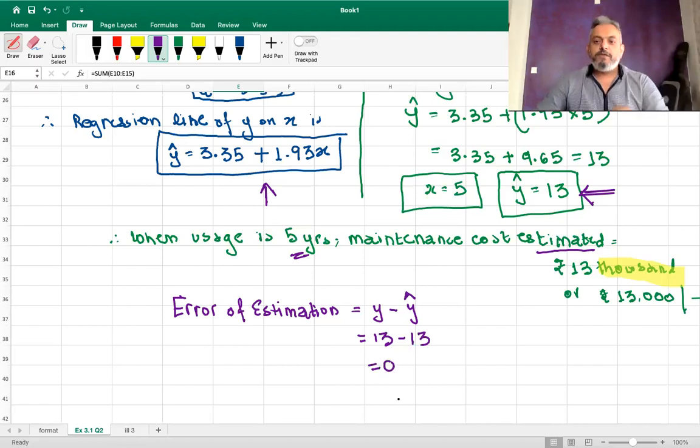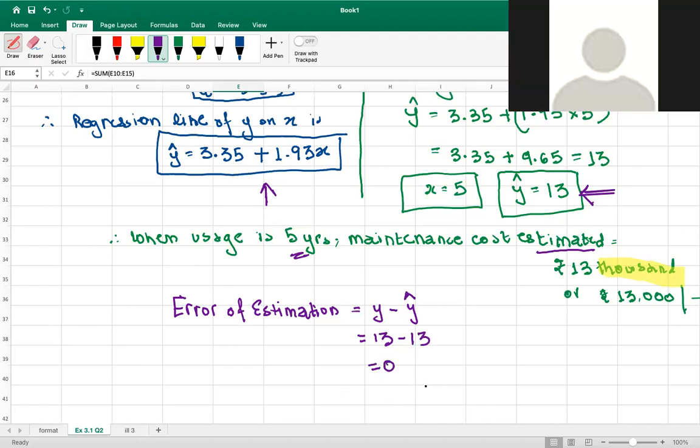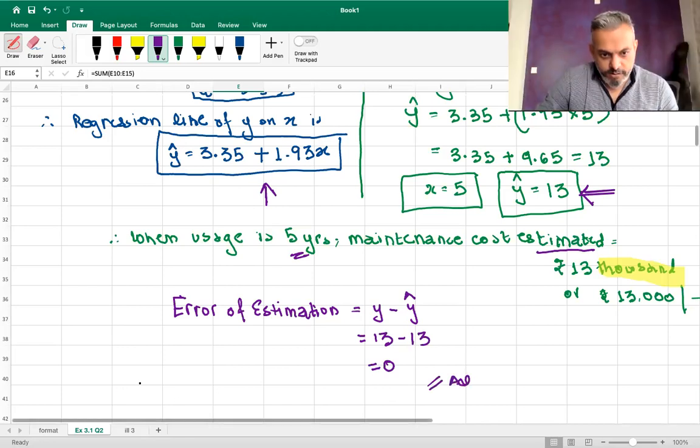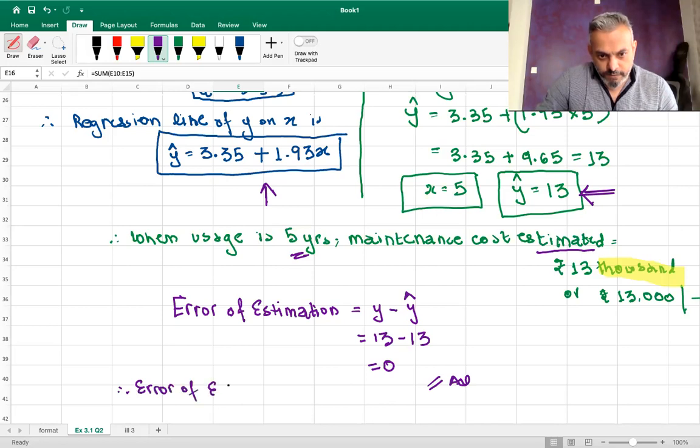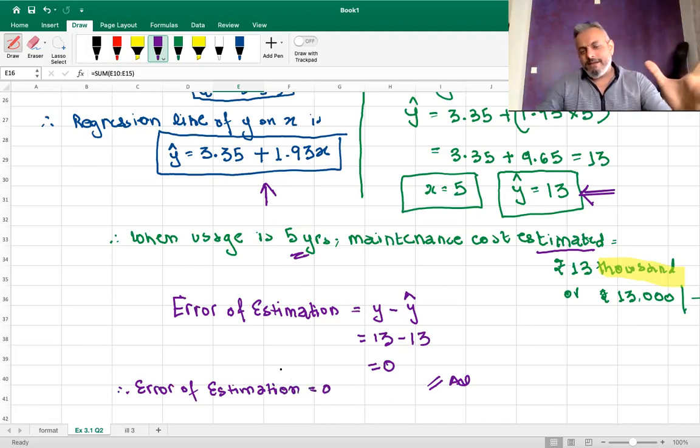It is 0. So therefore, error of estimation is equal to 0. No error. We have perfectly estimated.